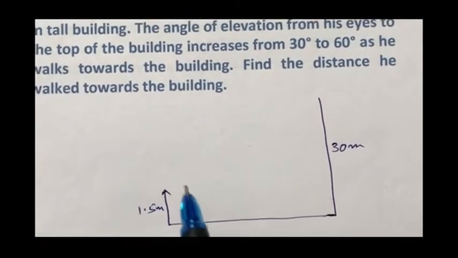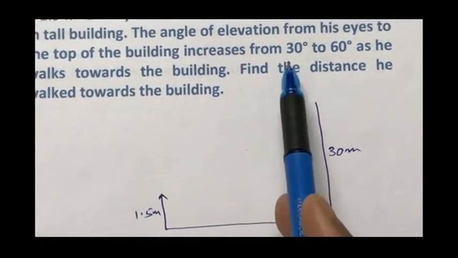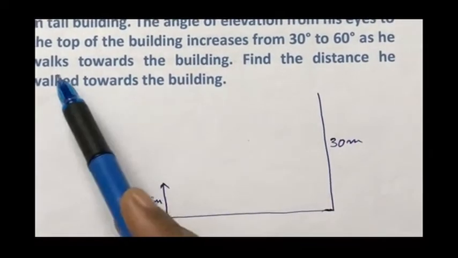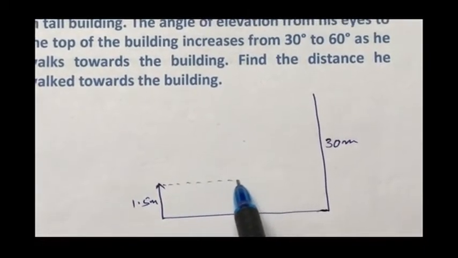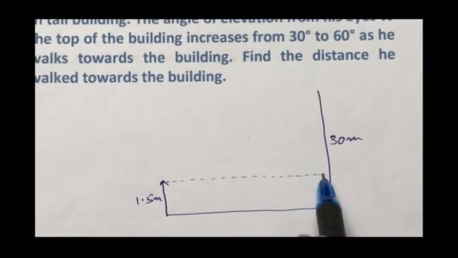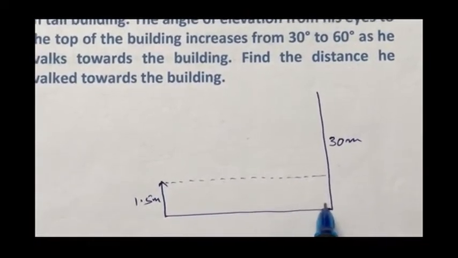The angle of elevation from his eyes to the top of the building increases from 30 degree to 60 degree as he walks towards the building. Okay, so his eyes is somewhere here. So this boy is moving towards the building.